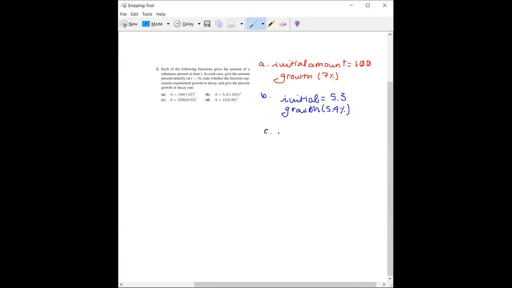C? Decay. And what's our decay rate? 0.7%. Or 7%, sorry. Yep. And our initial value is? 3,500. Is it clear why that's the initial value?